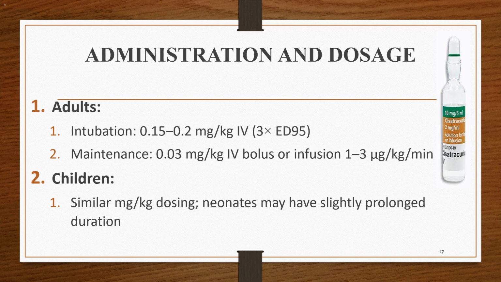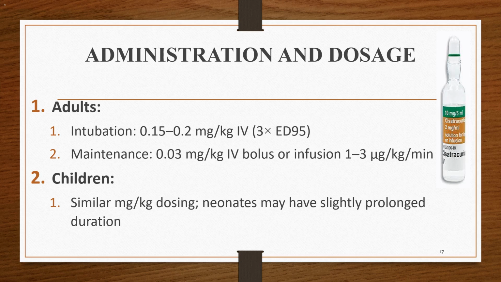Maintenance. 0.03 mg per kilogram IV bolus. This is a dose for additional muscle relaxation as needed. Or infusion 1 to 3 microgram per kilogram per minute. Cisatracurium can be given continuously at this rate for ongoing muscle relaxation.